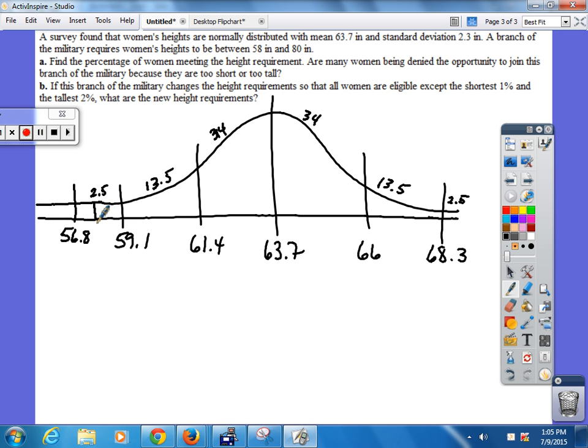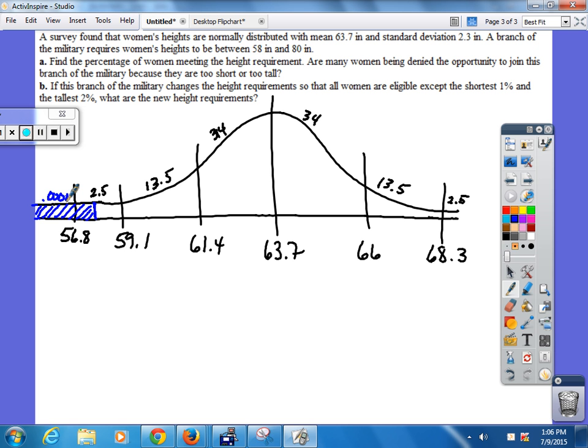I'm going to put another color. Let's do blue. So here is our 1% of short people. I'm sorry, 1% of vertically challenged people. Say 1% would be 0.01. Everybody with me?